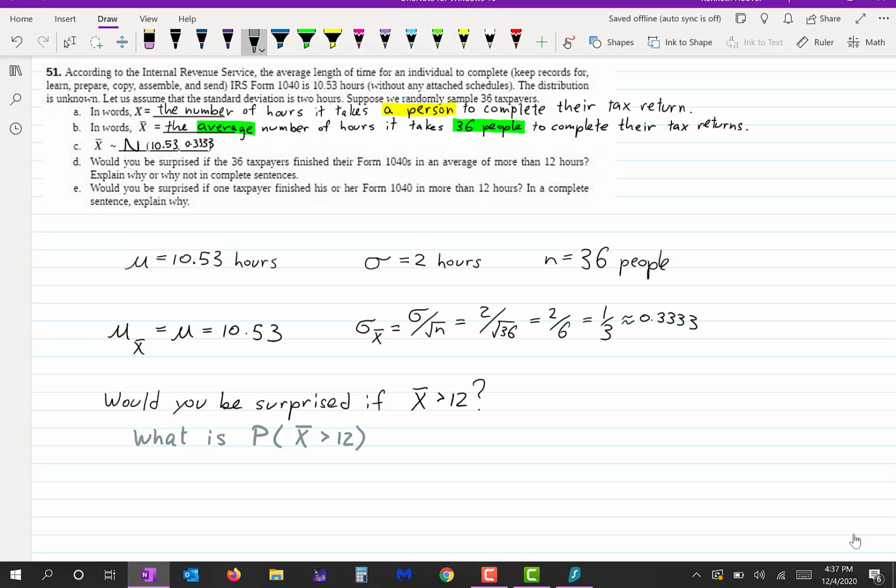Okay, so you do what? You find the z-score for 12. Z equals 12 minus 10.53 over 0.3333. Okay, give me a second to see what that equals.